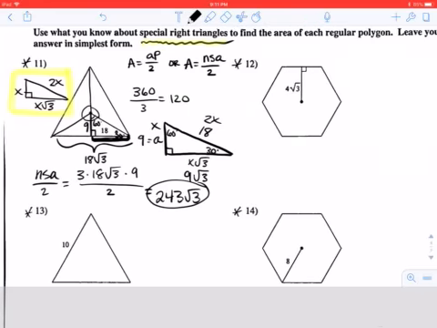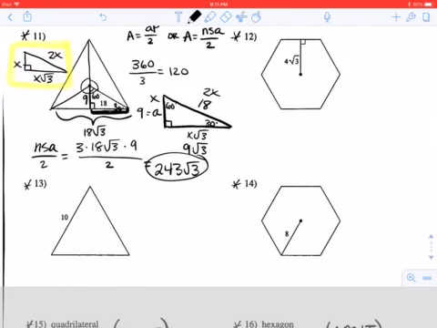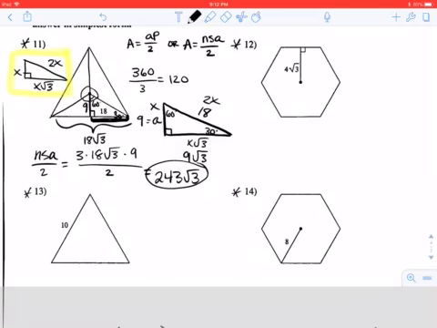Cool? Okay. So I would try doing something similar to number 13, or let me give you a little tip for number 13, if you're paying attention. I actually would not use NSA over 2 in this case, because if this is equilateral, which it is because it says all these are regular, these are all going to be 60 degrees.